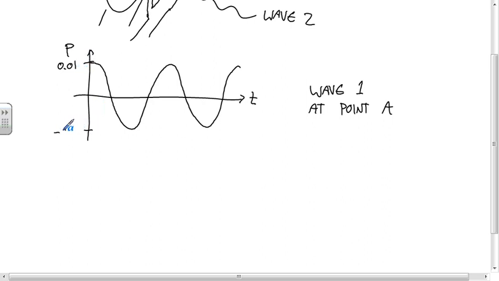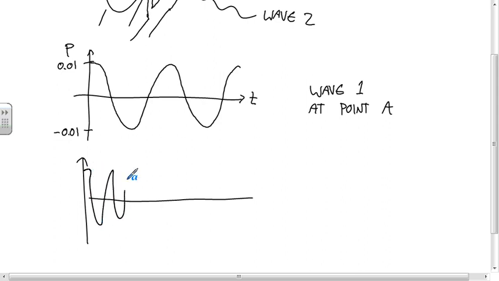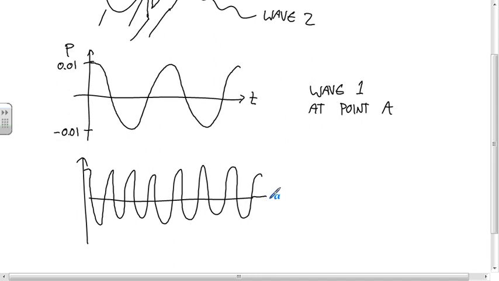So this would be negative 0.01. And then the other one looks like this. That's wave 2, graphed position versus time at point A. And let's say this is 0.005.